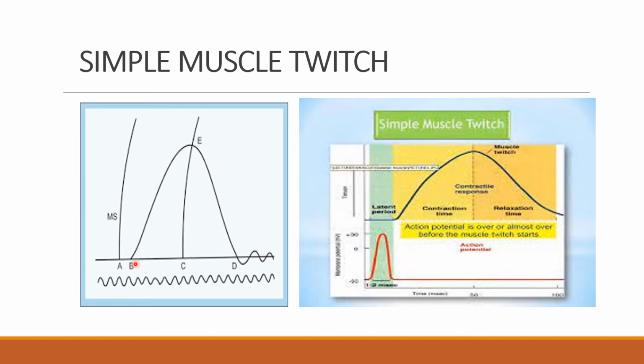Also, the time taken for the impulse to cross the neuromuscular junction and stimulate the muscle, the time taken for excitation contraction coupling to occur, the time taken by the lever to overcome the inertia of rest, and the time taken to overcome the viscous resistance of the muscle. All these are reasons for the latent period, the time gap between the point of stimulus and the actual contraction.